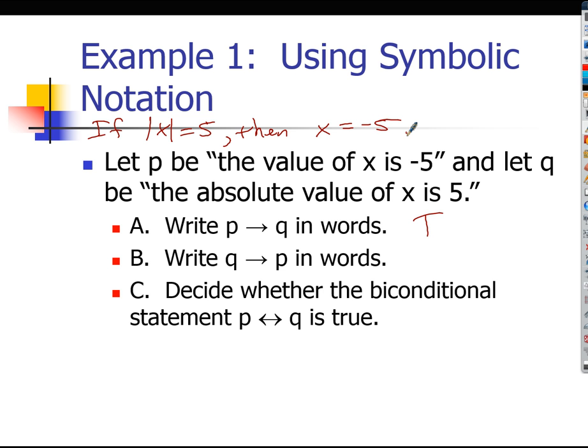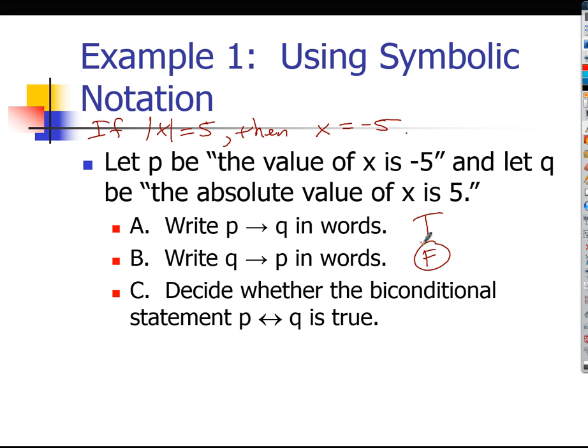Okay, so Daphne, you think we have to be able to come up with a counterexample. If this is indeed false, we have to come up with a counterexample to demonstrate that it's false. How many counterexamples do we need? One. Just one. That's all it takes. If the absolute value of x is 5, the value of x is also 5. Okay, good. Perfect. Because when we come up with a counterexample, remember that the structure of a counterexample is very specific. P, or whatever the hypothesis is, still has to be true, right? We have to say that if this is true, then come up with some different counterexample, and the counterexample is x is 5, right?